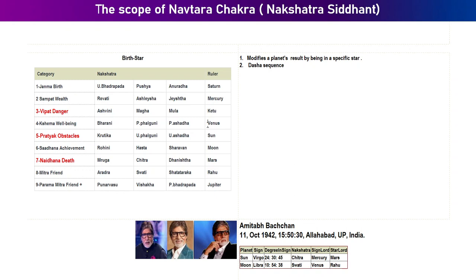And then Venus becomes shem, and then the sun becomes obstacle or the pratyak. So this is how you assign all these rulers to the Navatara chakra, and all these labels are in turn assigned to these planets.